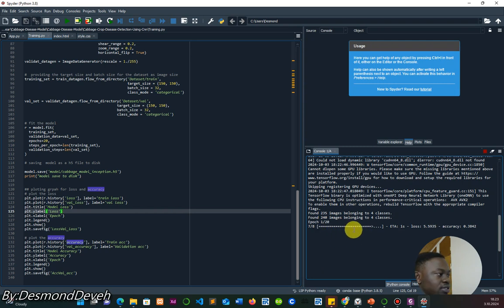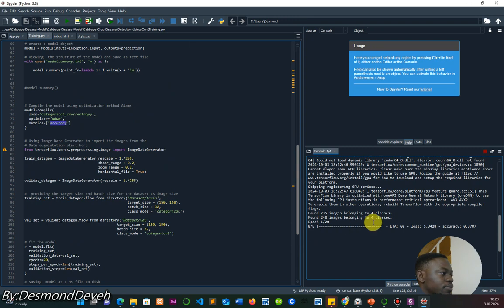Whilst this is going, it means that the model is learning the images. It's trying to study the images I've given to it. It will run over and over, 20 times.